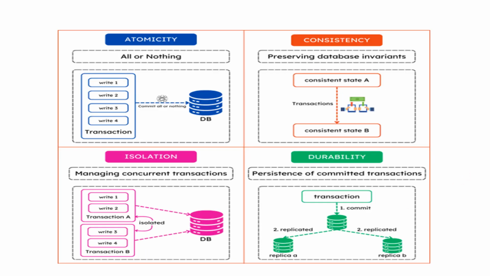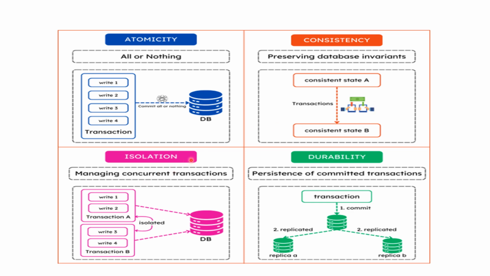So let us have a glimpse of the ACID properties. Atomicity says that all of the operations should be performed or none of them. Consistency says that the database invariants are preserved, that is, before the transaction and after the transaction, the data should be in the same state.